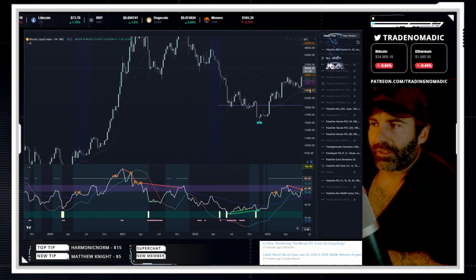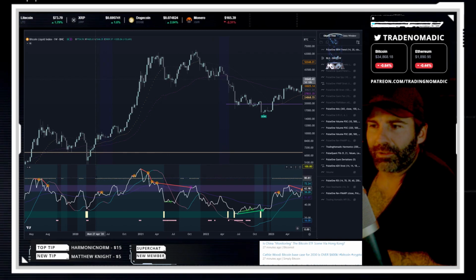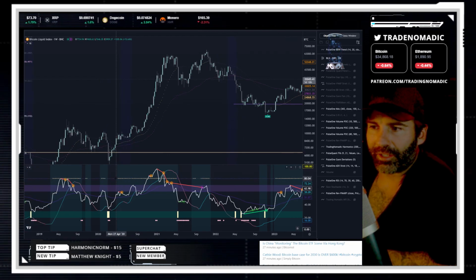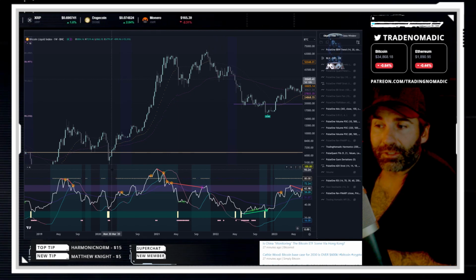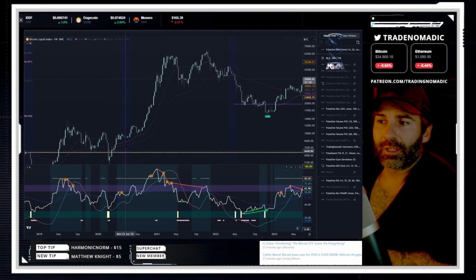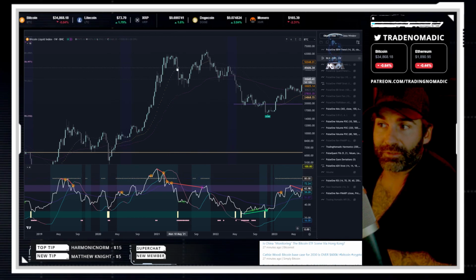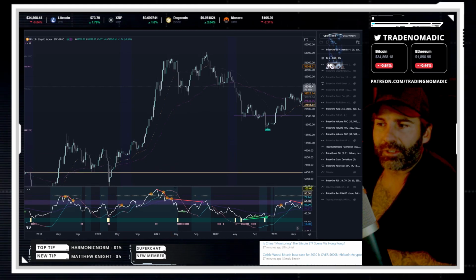So the idea behind adding these dots on here is, if I didn't want the MMA on my chart, it tells me that price is moving above the MMA, which means that there's bullish momentum in the chart.